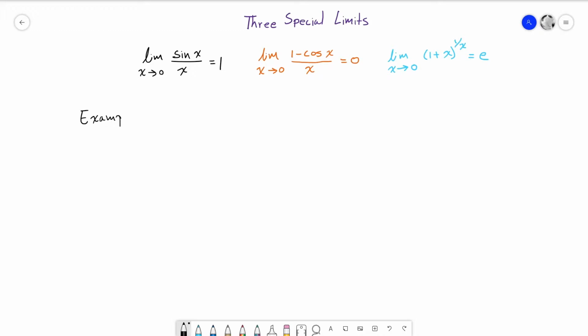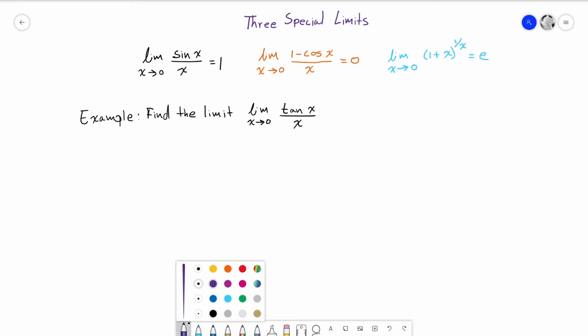So let's take a look at an example. We want to find the limit as x goes to 0 of the following quotient, tangent of x divided by x. We can't use any of the other techniques, so we need to rely on the three special limits that you see on top.